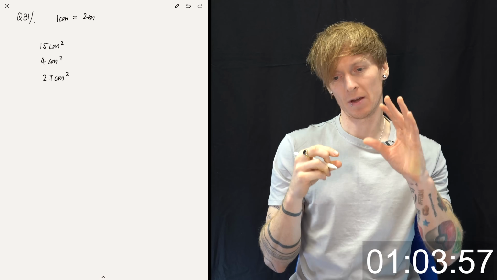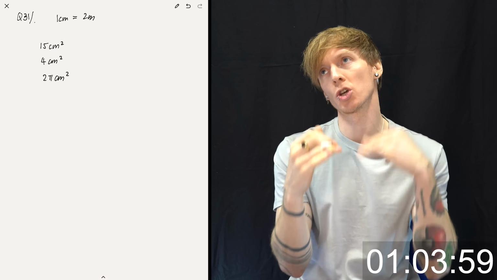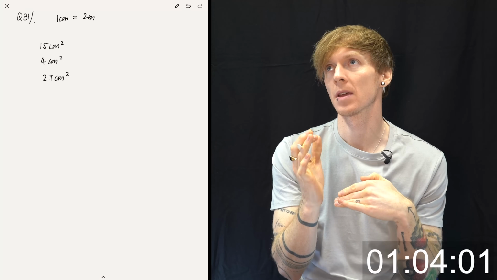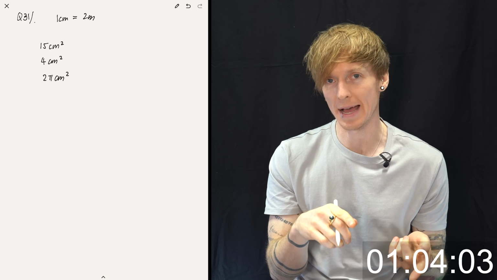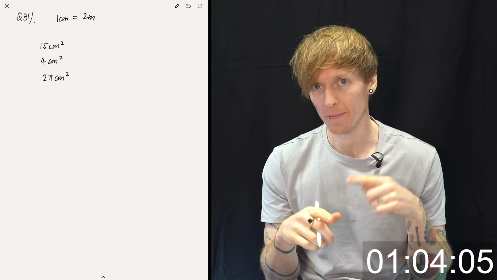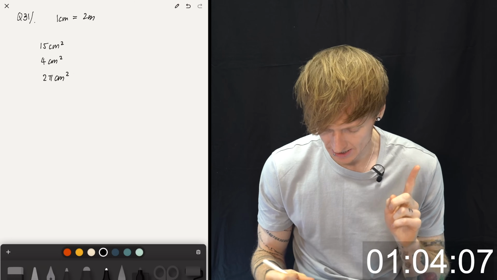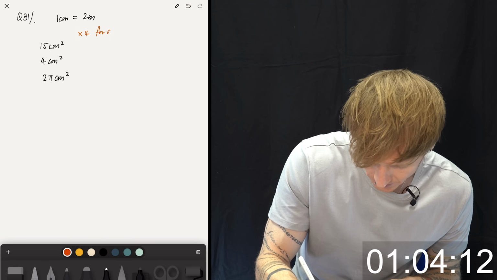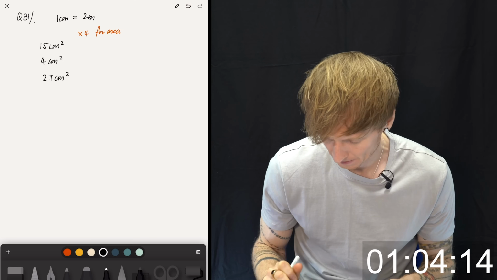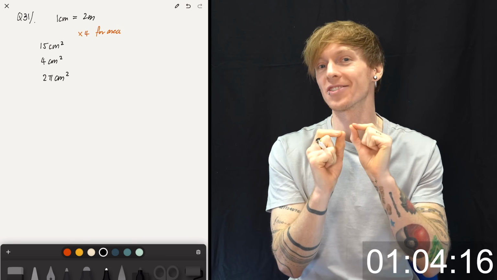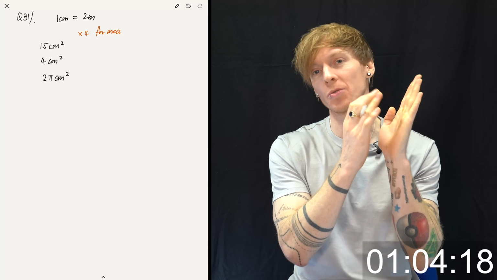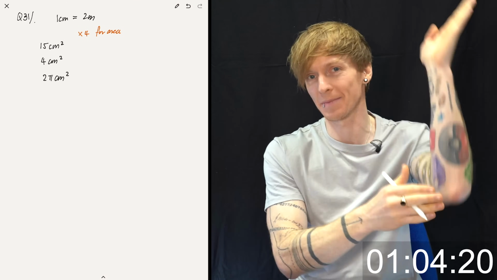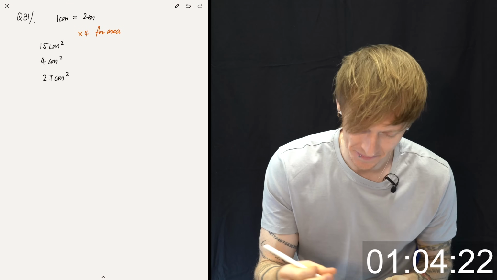Now, convert to meters. So 1 centimeter by 1 centimeter is 2 meters by 2 meters. So 1 centimeter squared is 4 meters squared. So I need to get the area times 4 for the area in meters squared. It's because it's like twice the dimensions. So it's 1 times 2 in one direction and times 2 in the other, so 4 for the area.